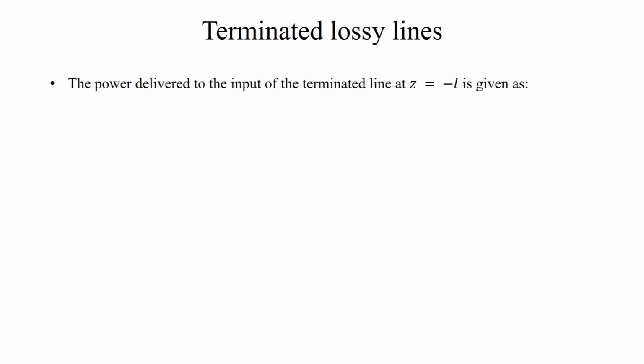Let us now consider the power in a terminated lossy line.